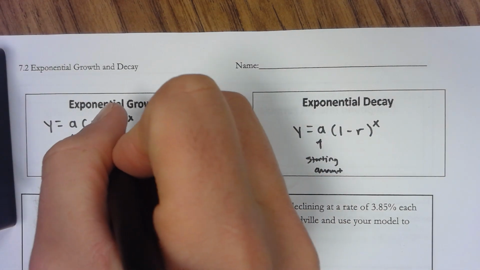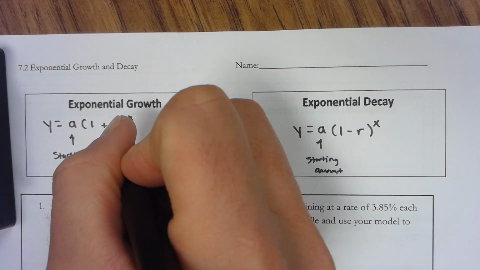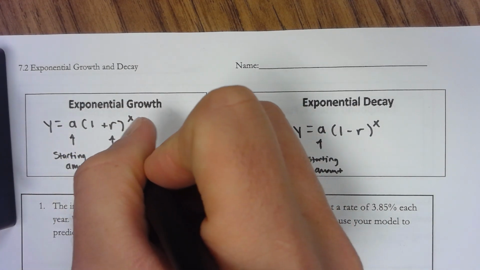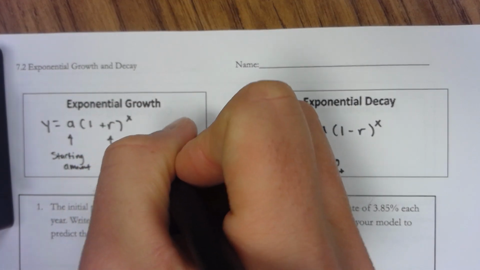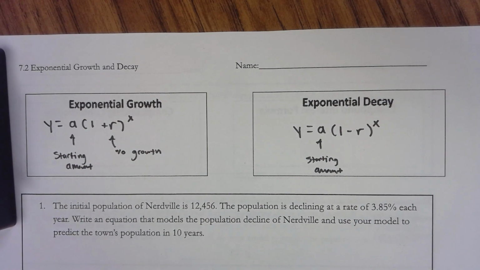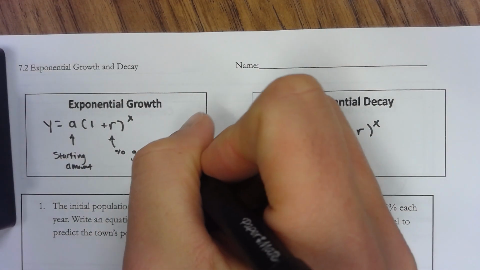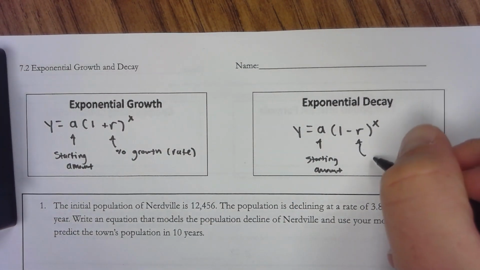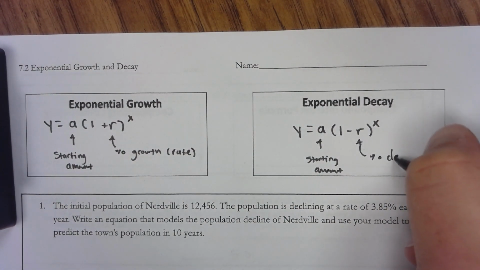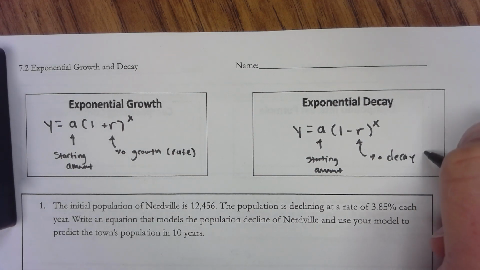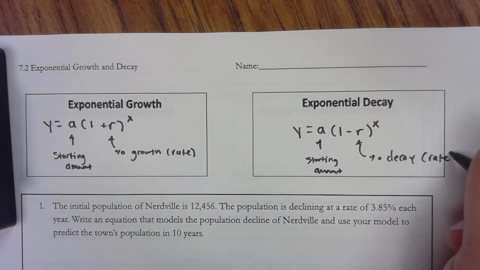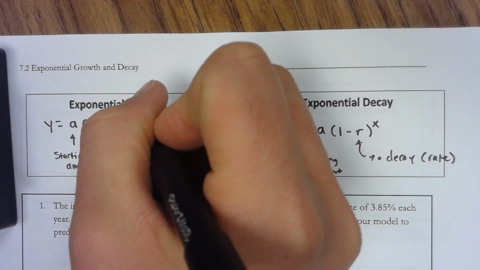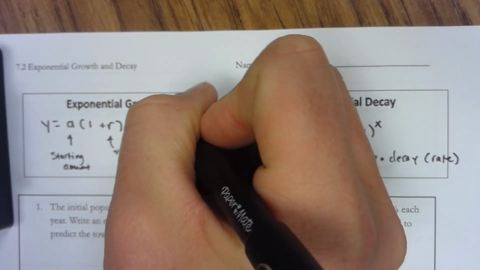R is your percent growth, or it could also be given as a rate. If it's decay, it's going to be percent decay or a rate of decay. And then x is your time.